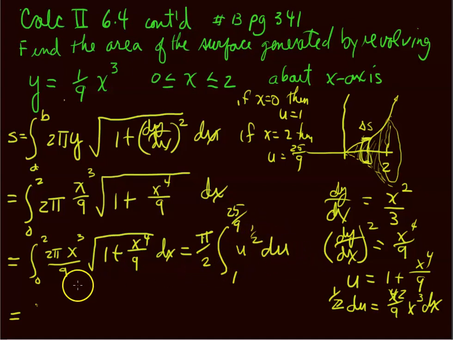Okay, so now I get a pi over 2, and I've got the 2/3, because that's what I divide. But it's u to the 3/2, evaluated from 1 to 25/9. So these 2's cancel, and I get pi over 3.